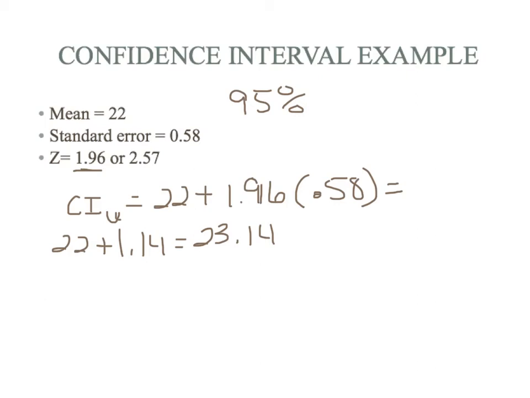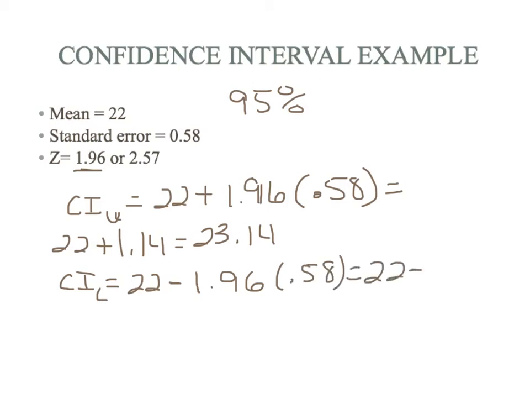So then, for our lower bound, our confidence interval lower is going to be 22 minus 1.96 times 0.58. And that equals 22 minus 1.14, which is 20.86.